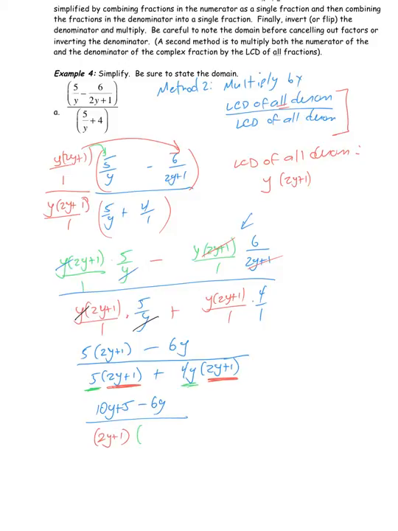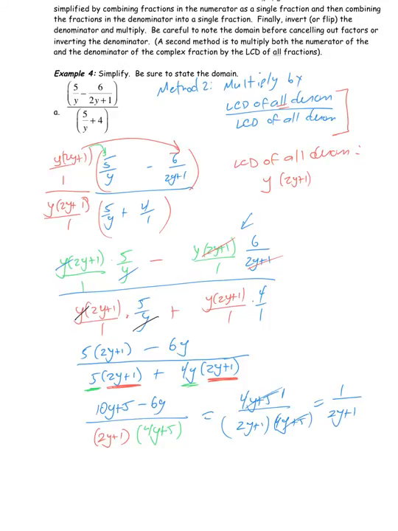And I am going to write that as 4y plus 5. And then when we combine like terms in the numerator, we're going to get 4y plus 5, subtracting 6y from 10y, over 2y plus 1 times 4y plus 5. The 4y plus 5 divides out, leaving us with 1 divided by 2y plus 1.